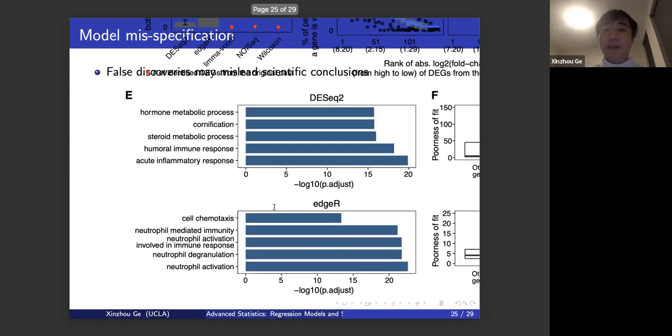However, if we do some downstream analysis, for example, the GO analysis, which aims to identify biological functions related to those genes, we find that we can still identify some biological functions related to those false discoveries. And some of these biological functions are even related to immune. And from these results, researchers may have questionable conclusions.